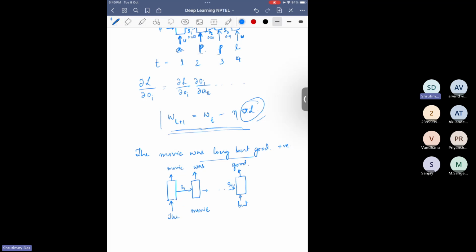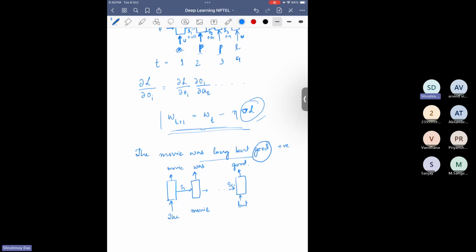So suppose you have a similar task, but your task now is to predict whether the sentence that you are looking at is a positive sentence or a negative sentence. How do we know that it is a positive sentence? We know this because we have this word good.